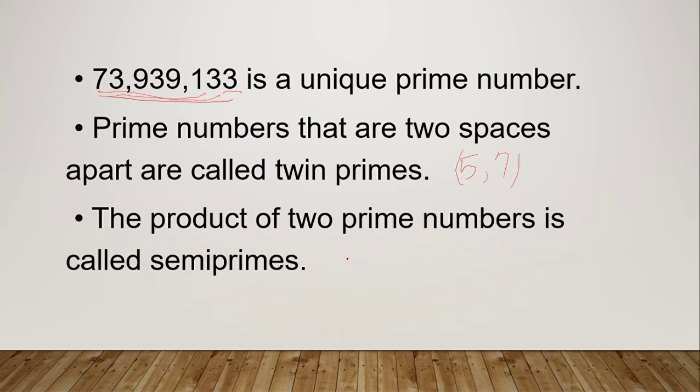When we multiply 5 by 7, we get 35. The product is called a semi-prime. So 5 multiplied by 7 equals 35. Therefore, the semi-prime here is 35.